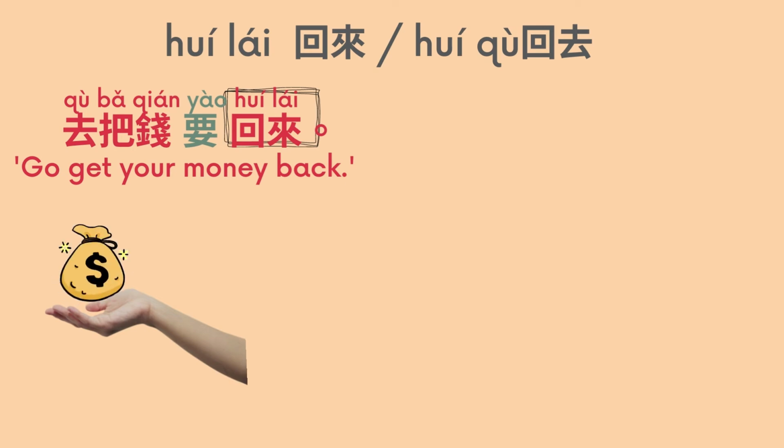And when combined with the compound direction complement 回来, it means to get it back. The phrase 要回来 is used to describe a situation in which the speaker requests something from the other party.